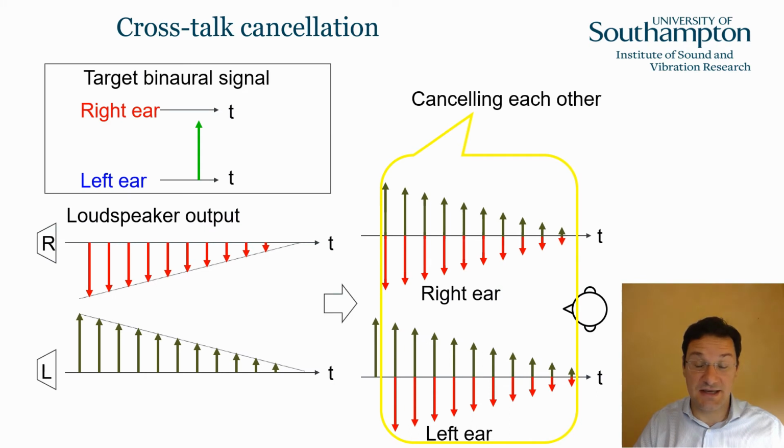But as explained earlier on, for every little sound that we want to deliver to one ear, the loudspeaker needs to generate a lot of energy, all of which goes into destructive interference, into cancellation. In other words, the system is extremely inefficient.